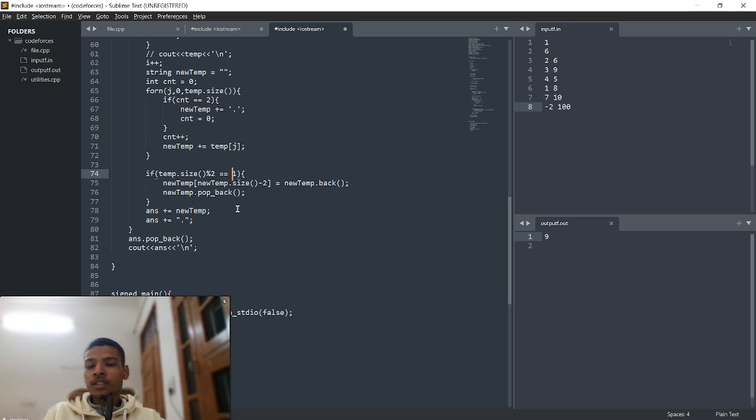If it is initially an odd length string, I am simply replacing the dot with the next letter.